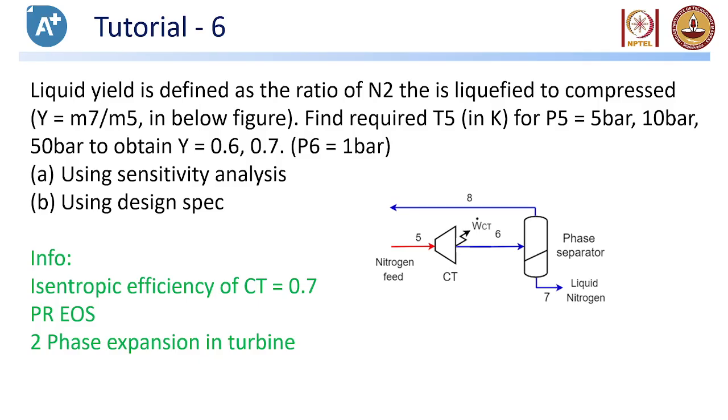Sachin, can you do a sensitivity analysis by varying the input temperature? Initially, we have fixed it to 100 Kelvin, right? Vary the temperature of stream 5, and see at what temperature you are able to get the fraction to be 60% and 70%.